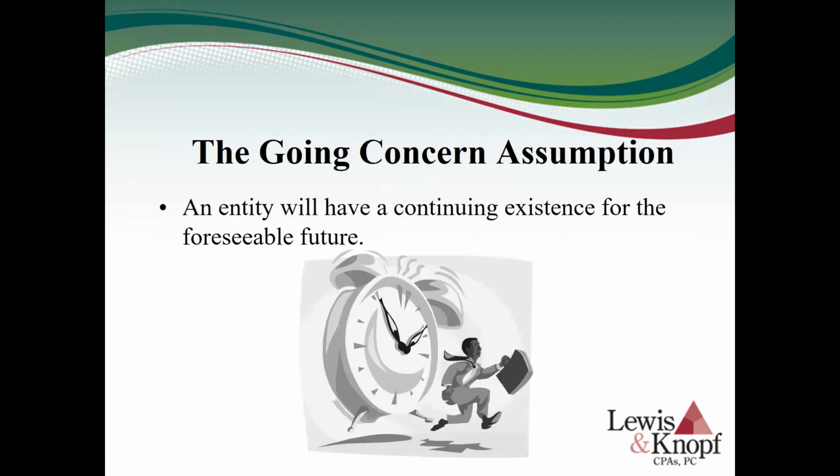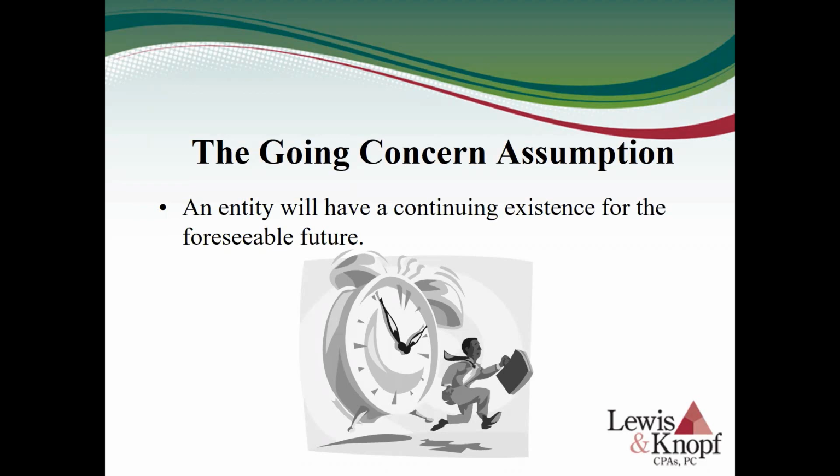And then we have the going concern assumption or the going concern concept. So this tells us that the entity will have a continuous existence for the foreseeable future. With this particular concept, it tells us that the company is never going to liquidate. They are going to be in the system for the foreseeable future.